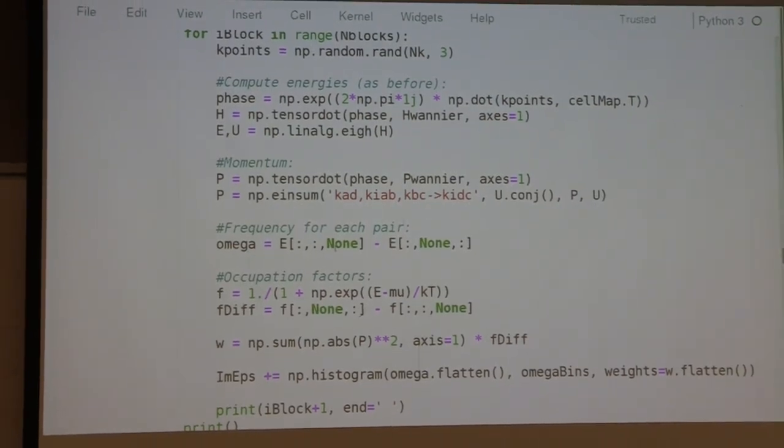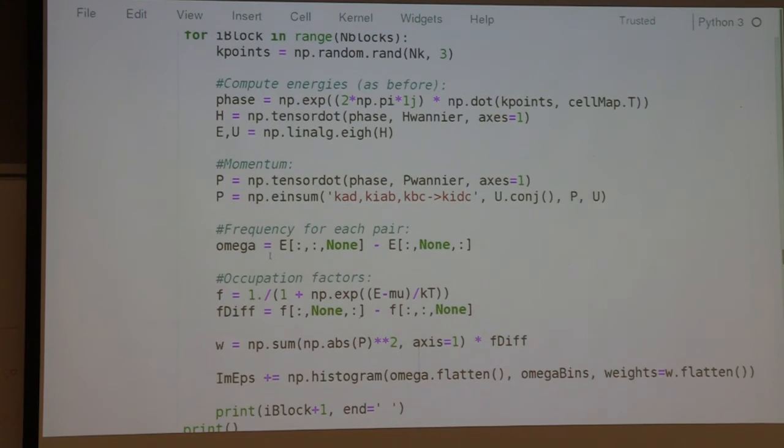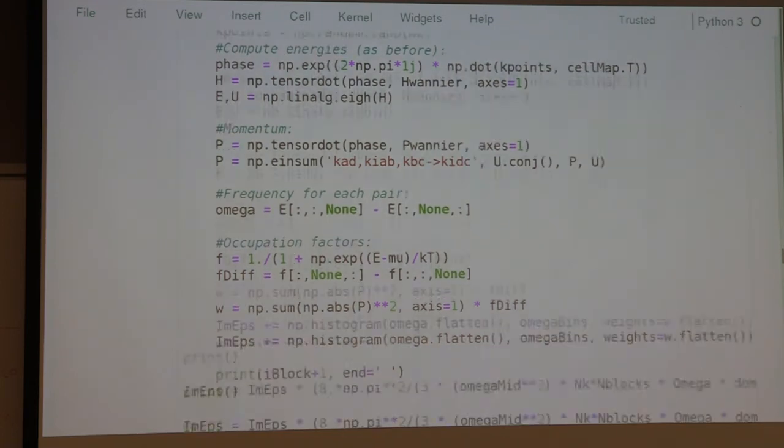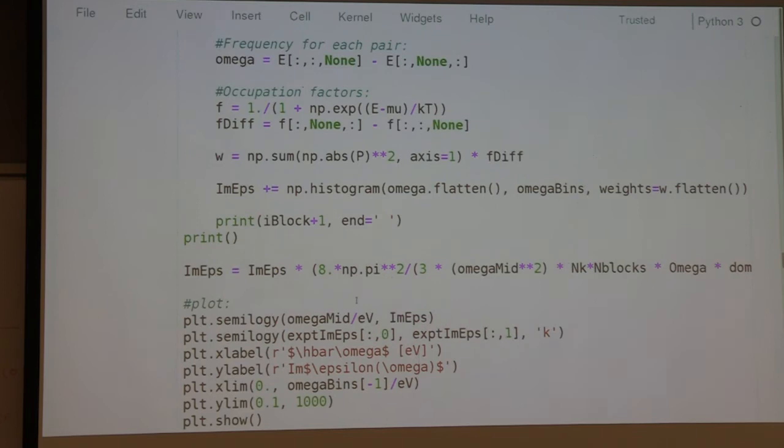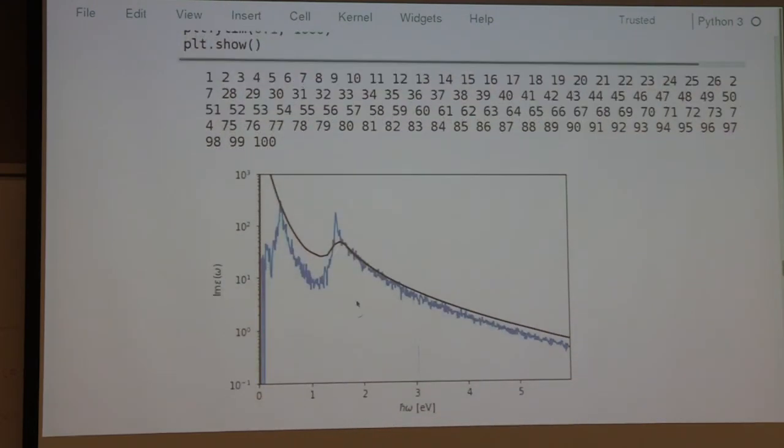So this is energy conservation effectively, because I'm taking this omega and histogramming it there. I have the difference between the occupation factors. That's telling me that I have my initial state occupied and my final state empty, right? And I just put in the prefactors that connect from the absorption rate in Fermi's golden rule to the dielectric function, and that's the result.